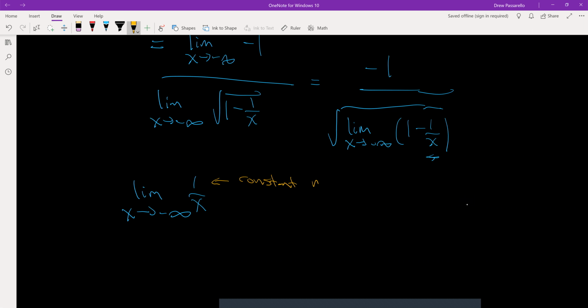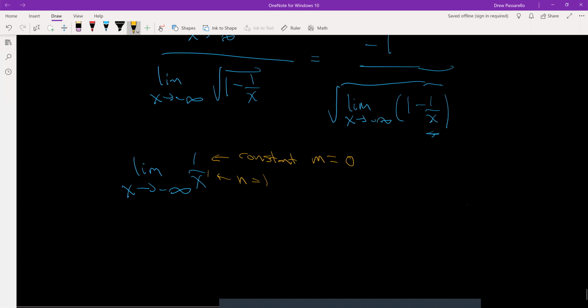So we have m is 0, and on the bottom we have x, that's x to the first, so we have n equals 1. So the degree up top, m, is less than the degree on the bottom, n. So what does that mean? That means y equals 0 is the horizontal asymptote, which in other words just means that the limit of 1 over x is 0.